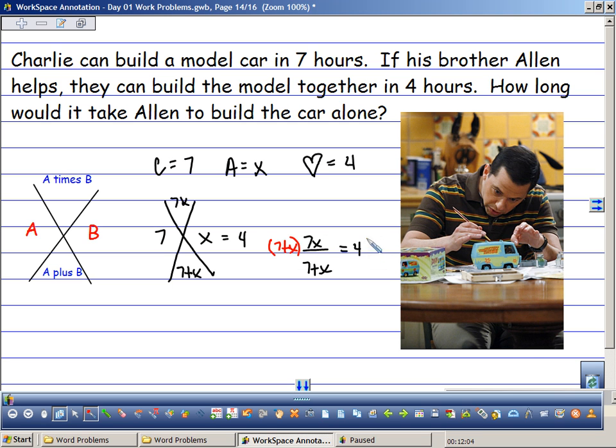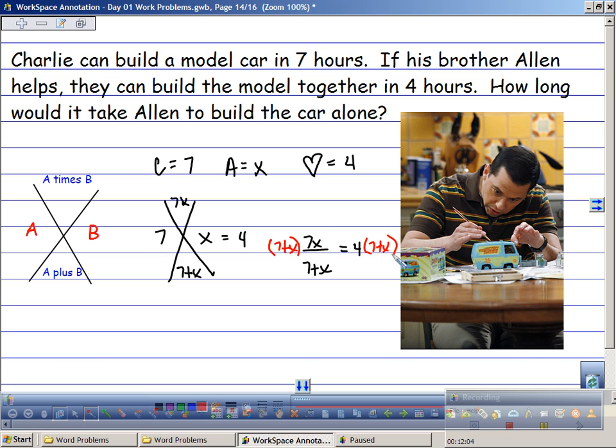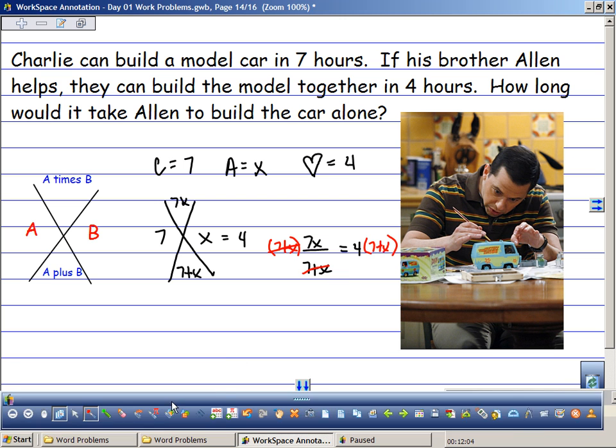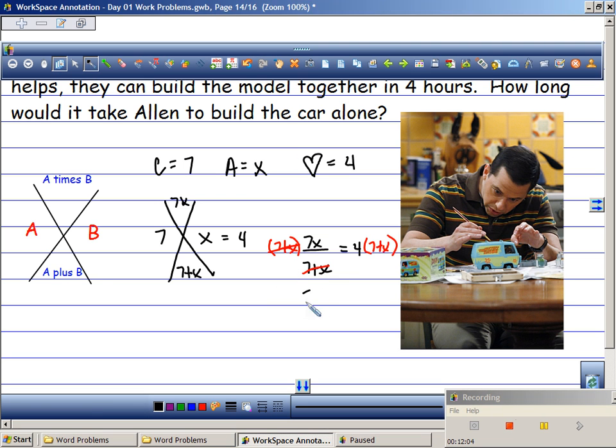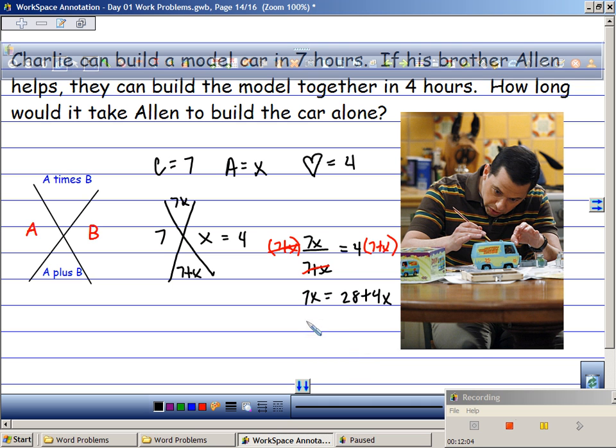Multiply both sides by 7 plus x. These cancel, and I'm left with 7x equals 28 plus 4x. If I take 4 x's off of both sides, how much will I have? 3x equals 28.